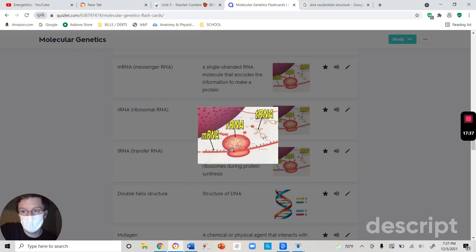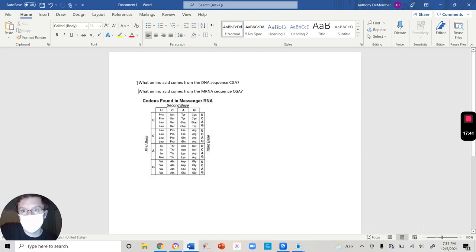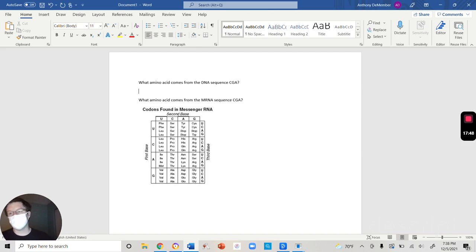This is RNA. So if they ask you what amino acid comes from the DNA sequence CGA, well, first you have to transcribe it. So what's the matching base pair for C? It's G. What's the matching base pair for G? It's C. And what's the matching base pair for A?